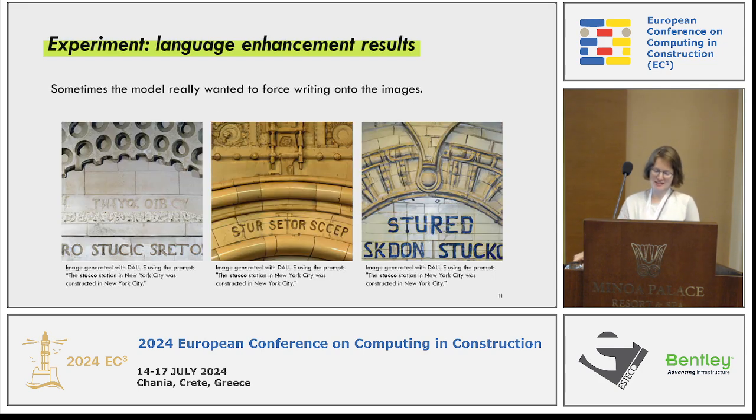The second is that sometimes the model really wanted to force words onto the image. So here, the model was really obsessed with the word stucco and was trying to do variations of it onto the image, but it wasn't very successful at actually typing out the word stucco. So we had to filter these out of the training dataset.